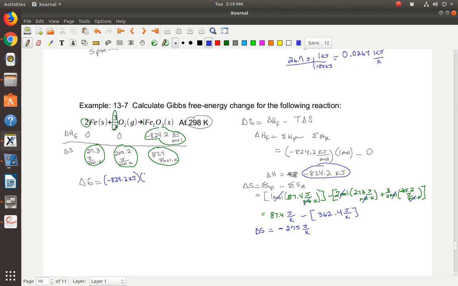And the temperature, oh sorry, I got to subtract it. I'm not multiplying it right there. Erase that. Minus the temperature is 298 kelvins, and multiply that by a negative 275 joules per Kelvin.